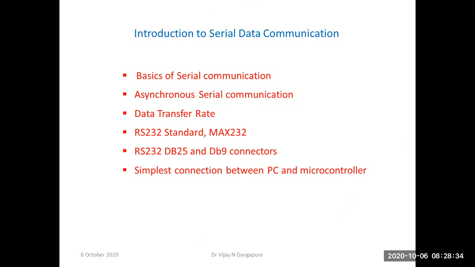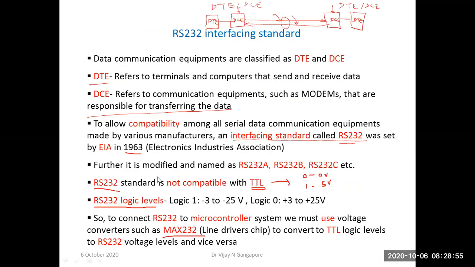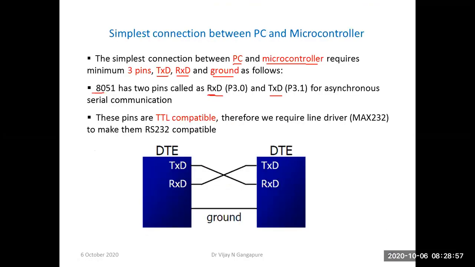After that we saw data transfer rate, what BPS is, what baud rate is. Then we saw the RS232 standard, and the necessity of the MAX232 voltage converter or line driver. Then we saw DB25 and DB9 connectors, and the simplest connection between PC and microcontroller using three pins TXD, RxD, and ground between two data terminal equipments.